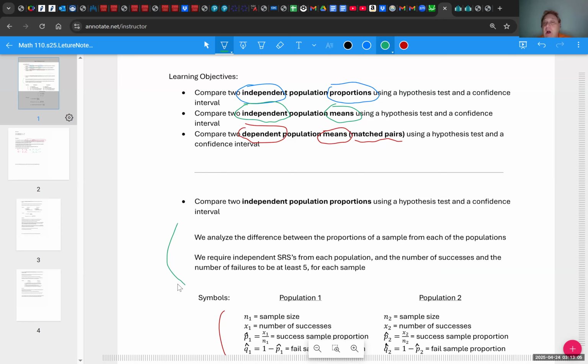How different are these two proportions? That's the basic idea for doing this. And in order to have all these formulas be correct and actually give accurate predictions, we require that each sample be a simple random sample and be independent, and the number of successes and the number of failures for each sample is at least 5. So back to page 2.